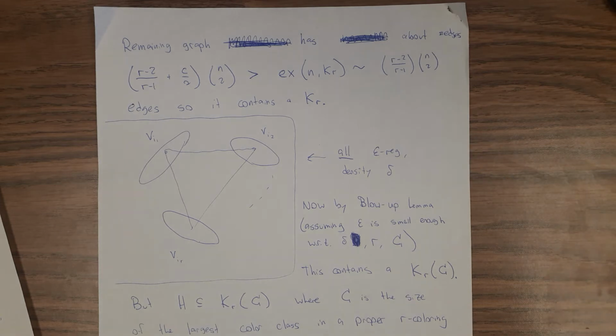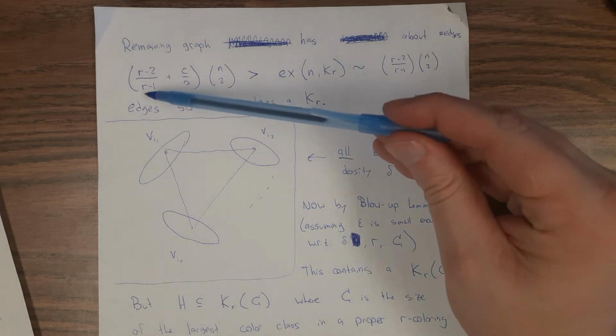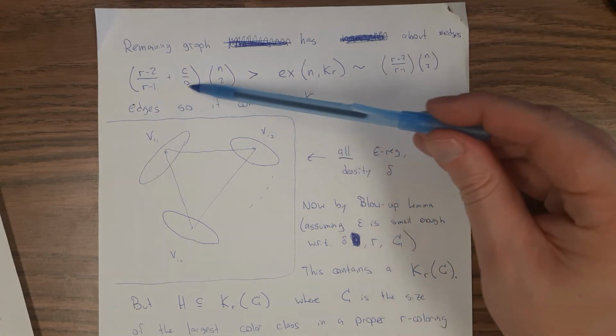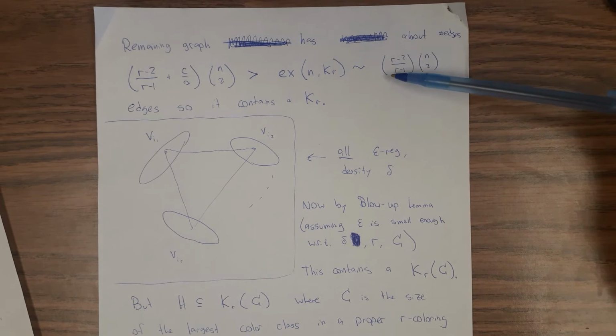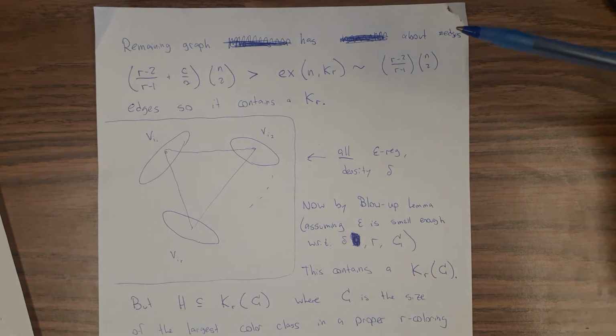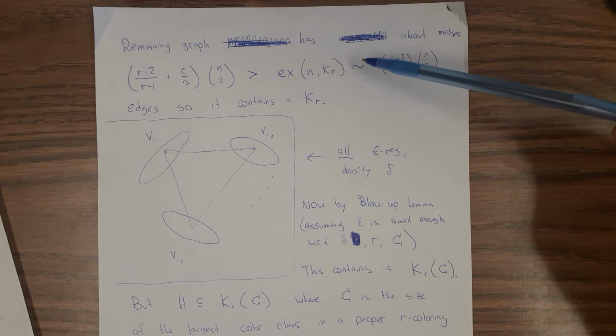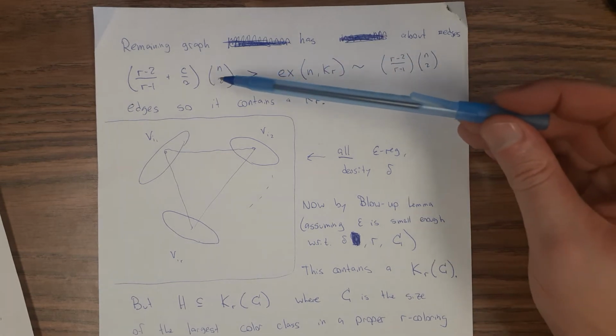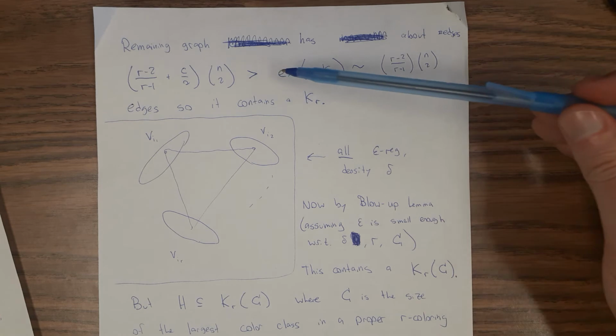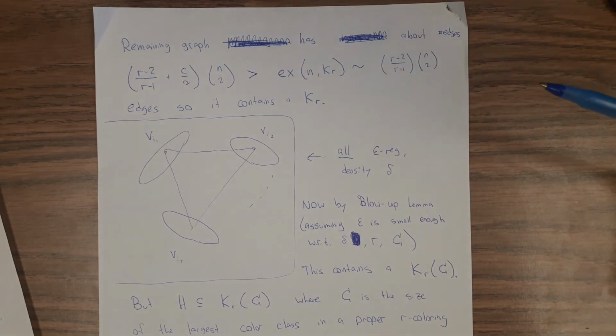And since we only care about large n, that's nice, because then it's clear for n large enough that this is greater than this, since this is just approximate. So, right.